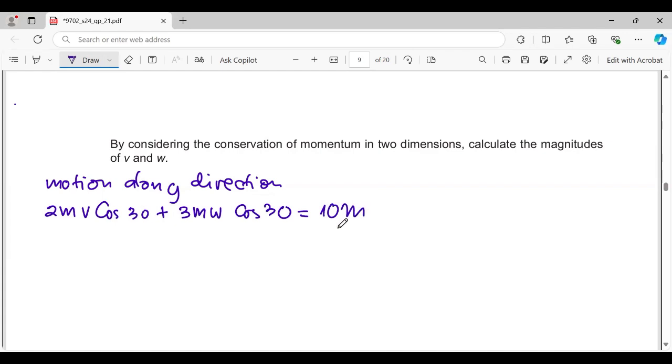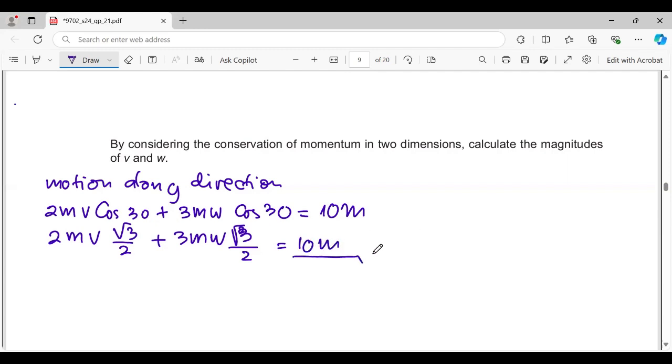2m v cosine 30 is square root 3 over 2, plus 3m w square root 3 over 2, equals 10 meters. I will multiply by 2 over square root 3.